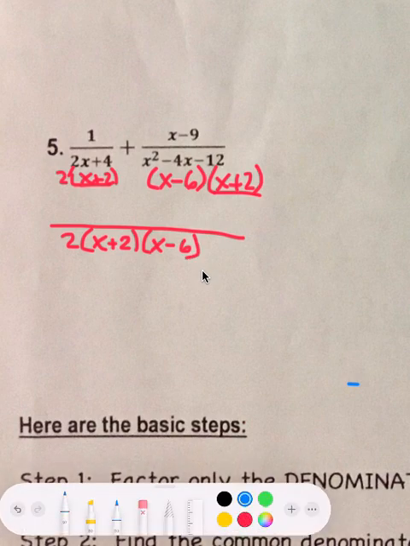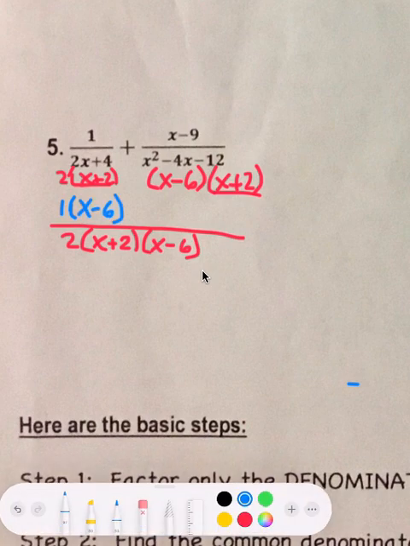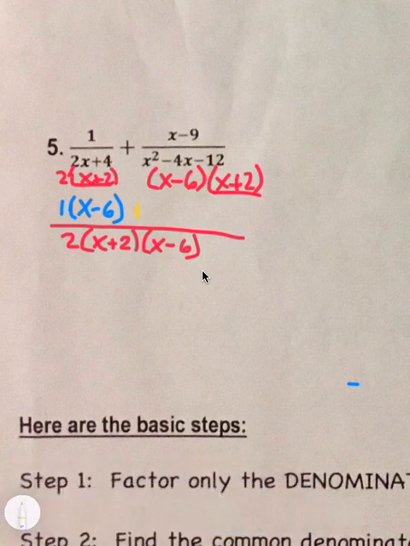When I do my numerator, this 1 needs to multiply by the factor it's missing, which is the x minus 6. And then the x plus minus 9 needs to multiply by the factor it's missing, which it has an x minus 6 and an x plus 2. It's only missing the 2.